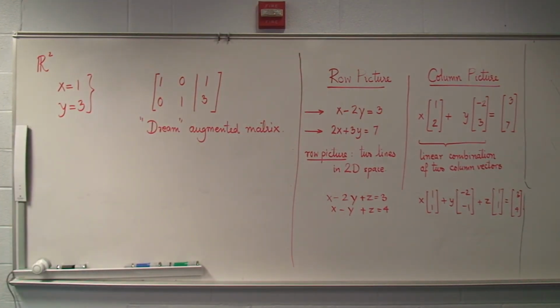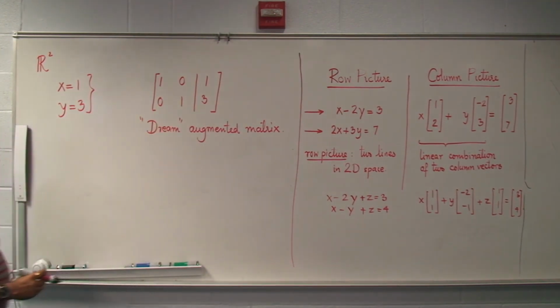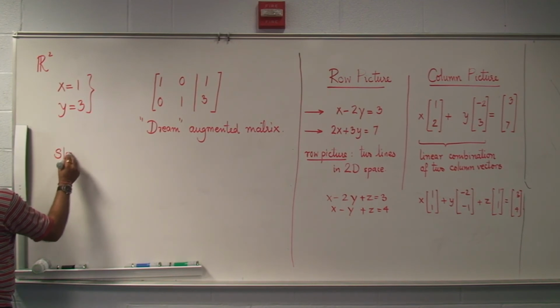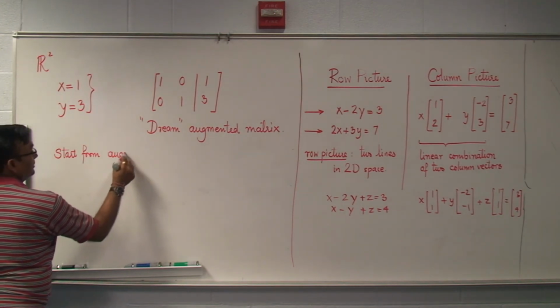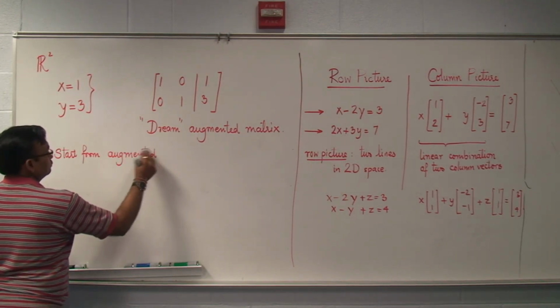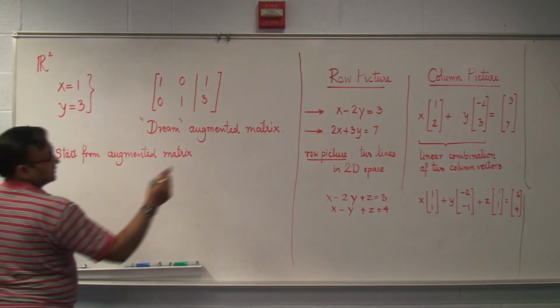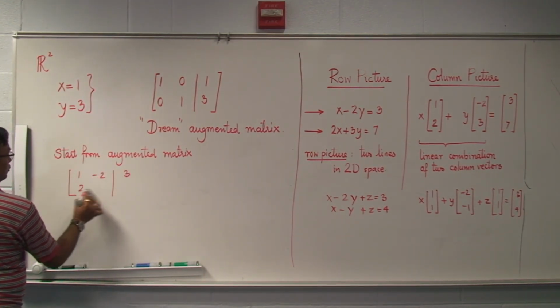If I start with a system of equations and somehow I can convert that matrix into something which looks like this, then as you can see, solving will become very easy. So now the question is, if I start from any augmented matrix, let us say if I use this guy as an example, 1, -2, 3, 2, 3, 7.